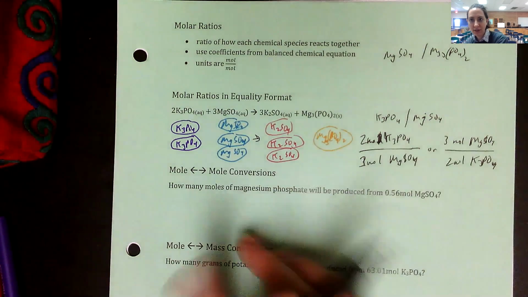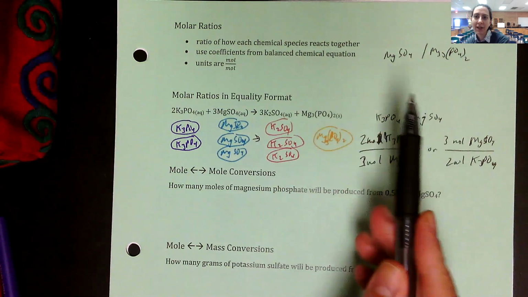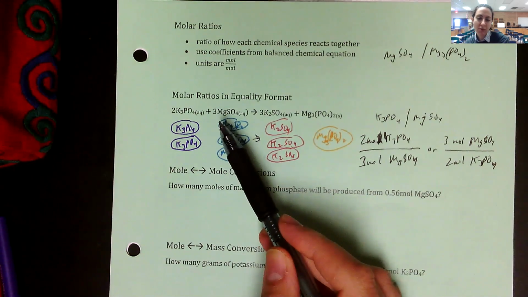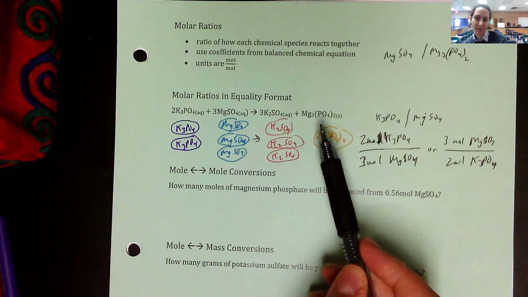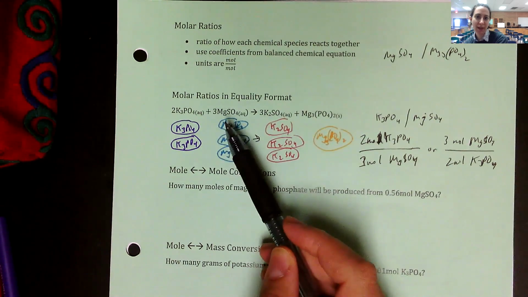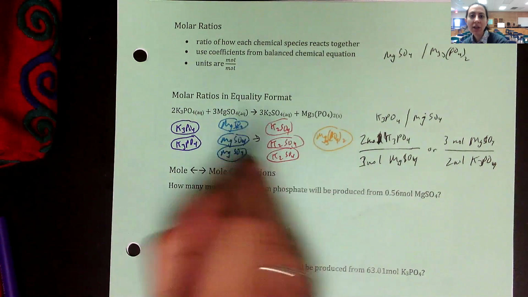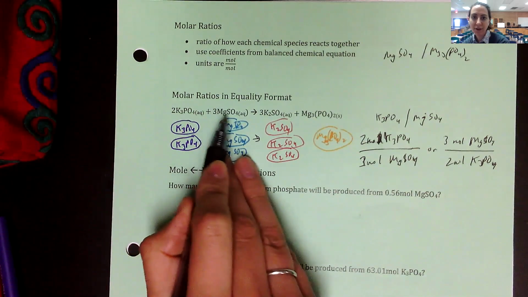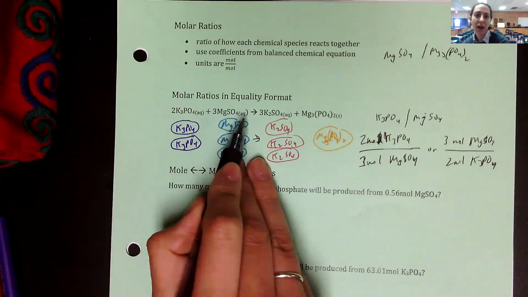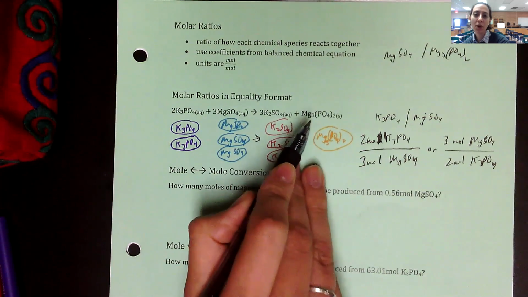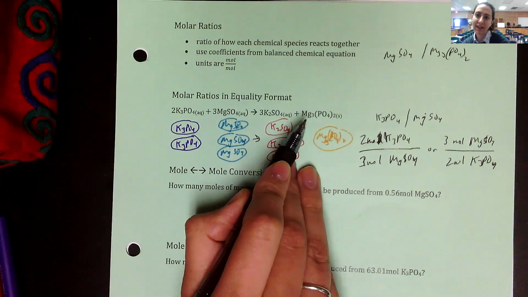So in this next example, we're trying to say, how much magnesium sulfate do you need to produce magnesium phosphate? Or what's the connection between this reactant and this product? So in this case, we again go back to the equation. There is a 3 in front of magnesium sulfate. So that means that for every 3 moles of magnesium sulfate, we're going to produce 1 mole of magnesium phosphate.